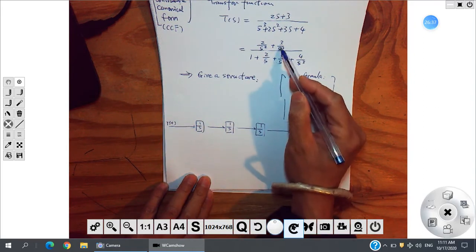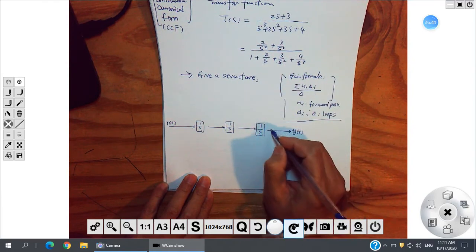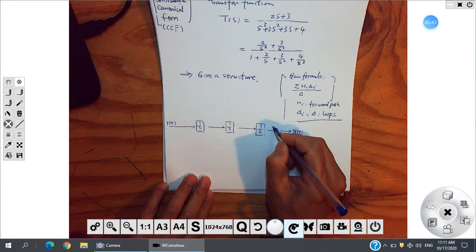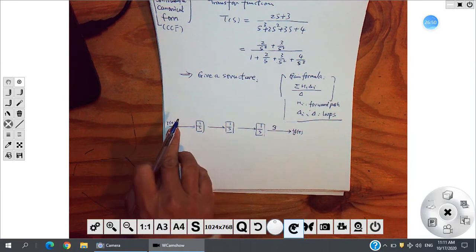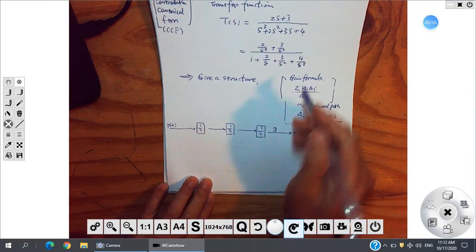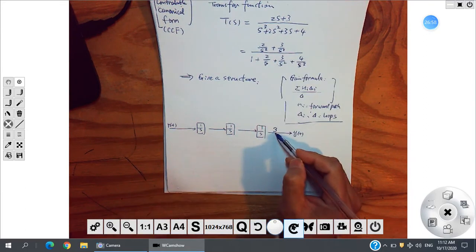Actually, for this one we need 3 over s cubed, so you need to put the 3 somewhere. We put it here in the back side. If you put it in a different place, like the front, there will be a different style of structure, and it is not CCF. For CCF, you have to put the 3 here.